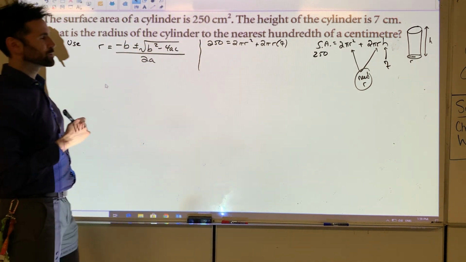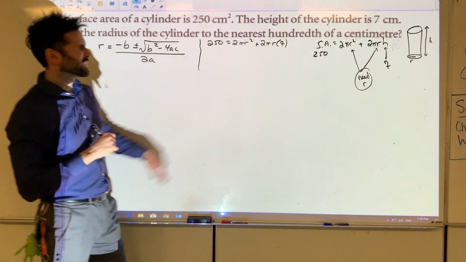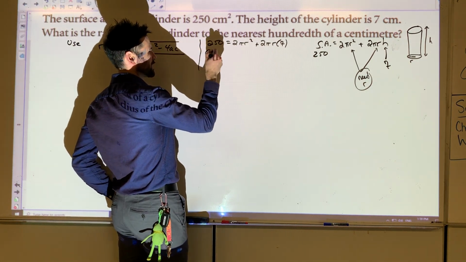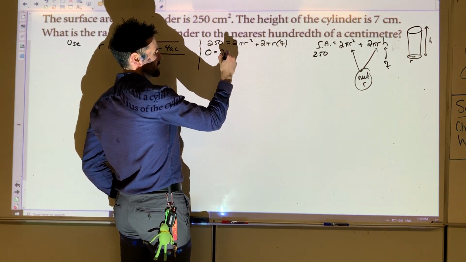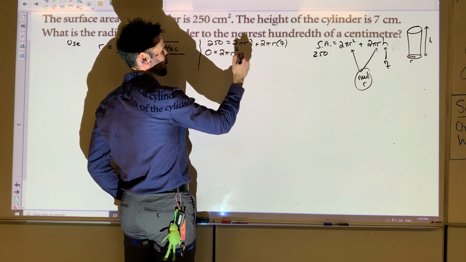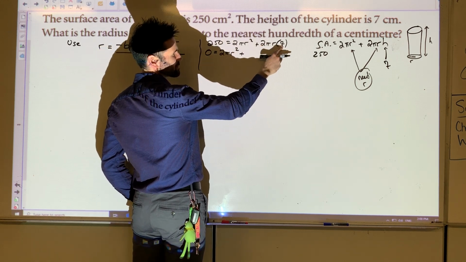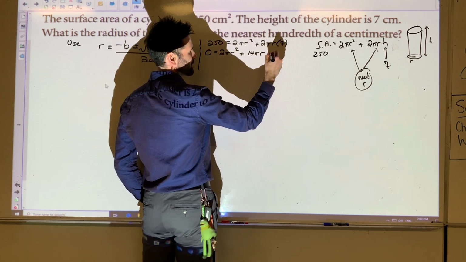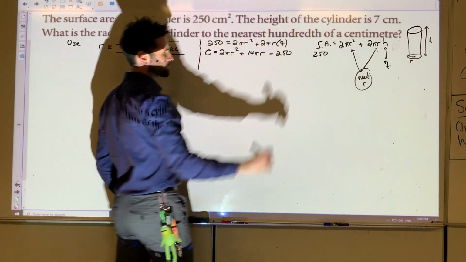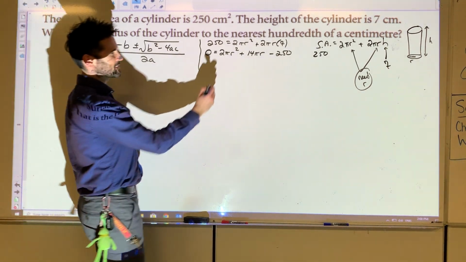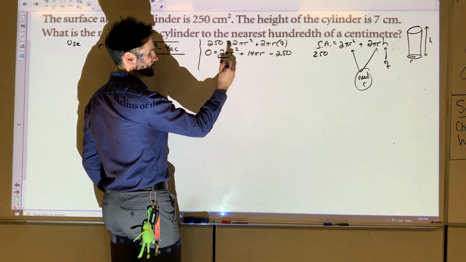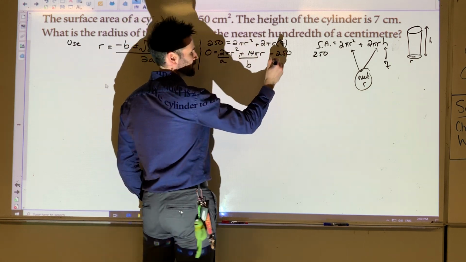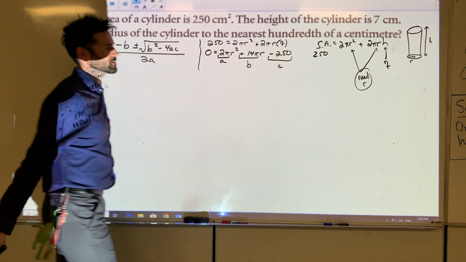Now I'm going to subtract 250 on both sides. The 2 pi I'll just leave as 2 pi. Now, 2 times 7 is 14, so I have 14 pi r, and then subtract 250. There we go. Now I can see my a value is 2 pi, my b value is 14 pi, and my c value is negative 250.